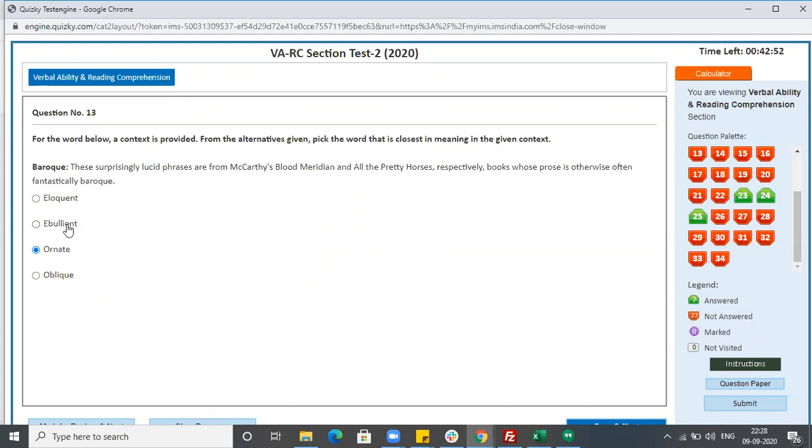No, it's like an abundance kind of thing, and ornate means decorated. Oblique. I'm not sure. I'm inclined towards marking oblique. Whose prose is otherwise often fantastically Baroque, ornate. Oblique is something I'll mark. Again, 90% sure, but I think this is the answer.